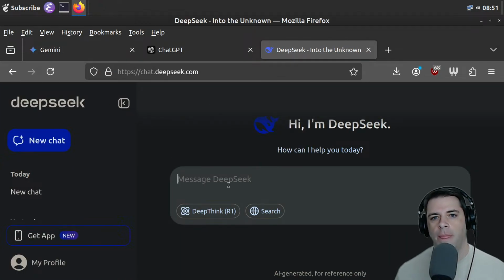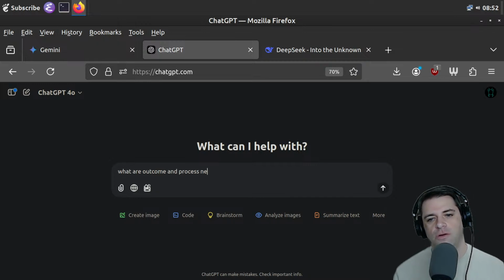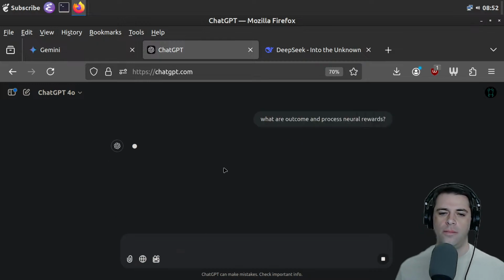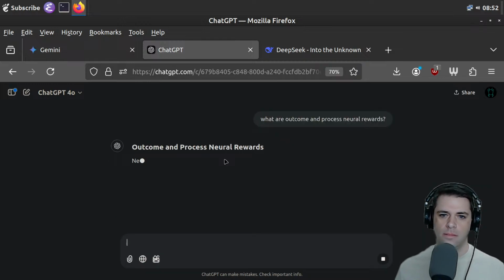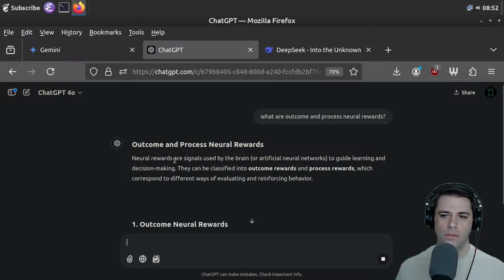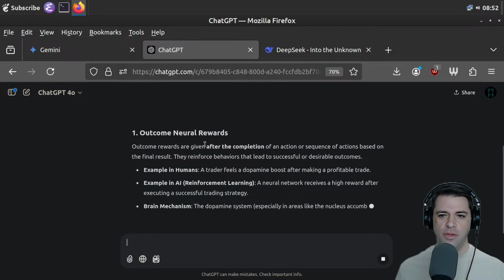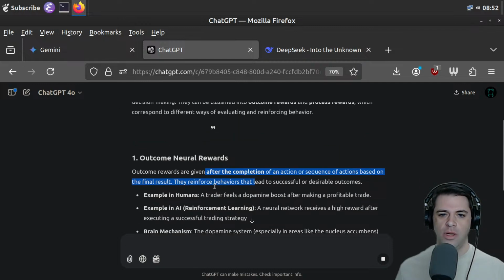There we go. Okay. So what are outcome and process neural rewards? So it says they're used by the brain or artificial neural networks. Outcome rewards are given after the completion of an action based on the final result.